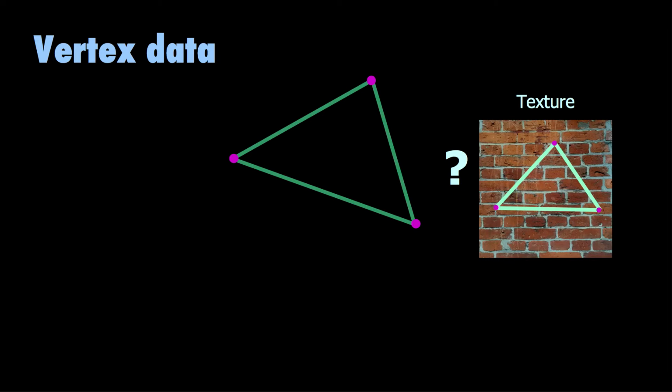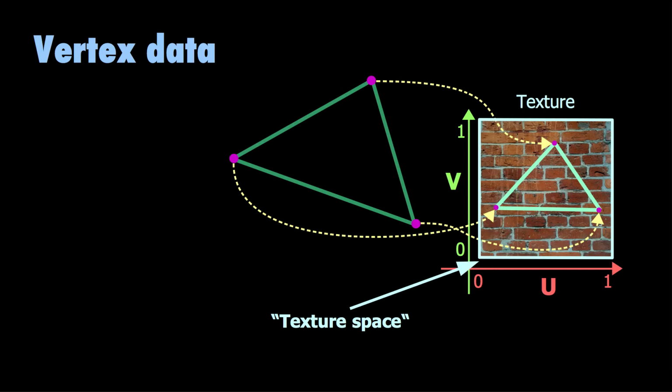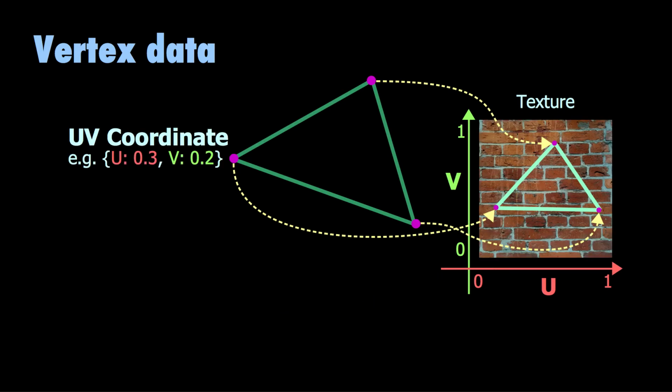The horizontal axis is called u and the vertical axis is called v, each ranging from 0 to 1. This allows us to define the position for each vertex in texture space. This piece of information is often called UV coordinate or UV for short and is represented by a 2-dimensional vector.